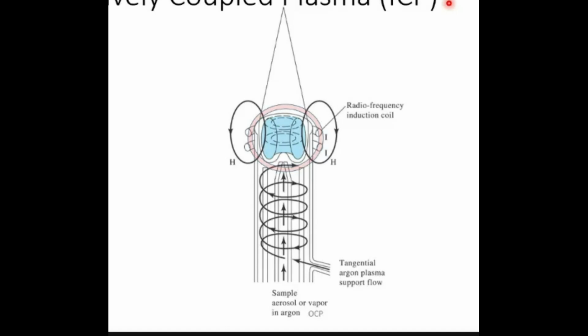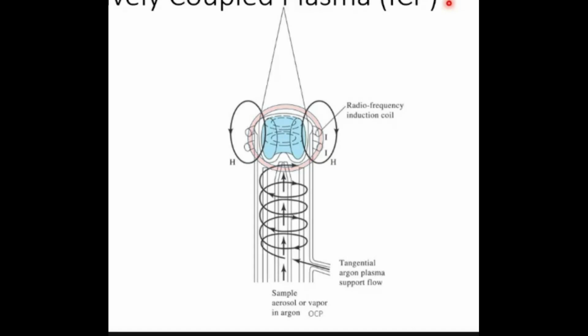Now, you can imagine that there will be lots of collisions of ions and unionized argon, then with your sample. There is a lot of motion there. So a very high temperature is obtained as a result of the very high resistance experienced by the circulating argon.